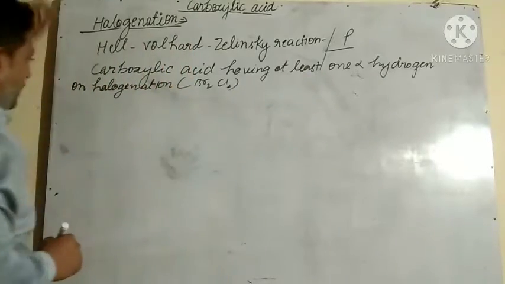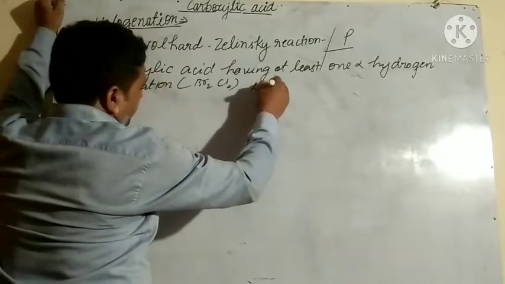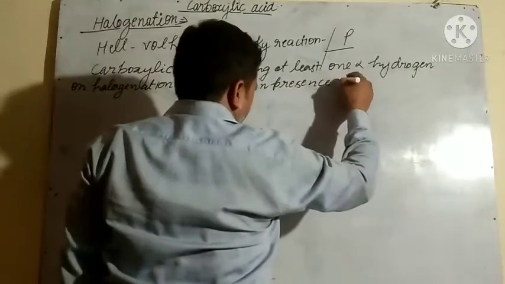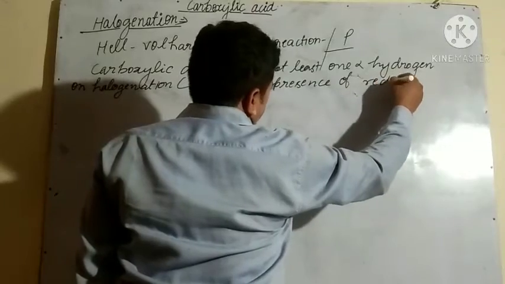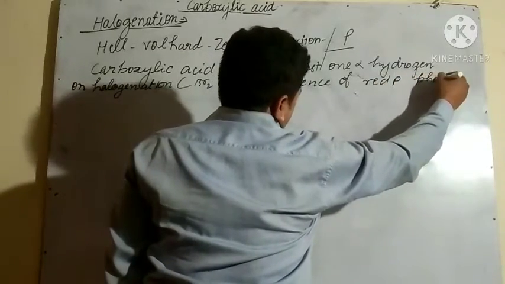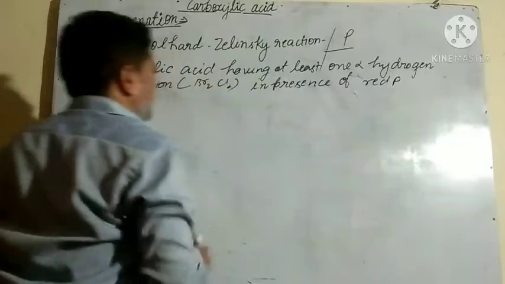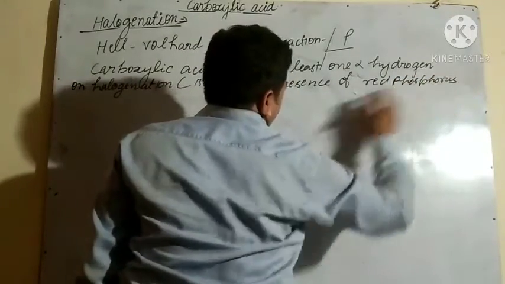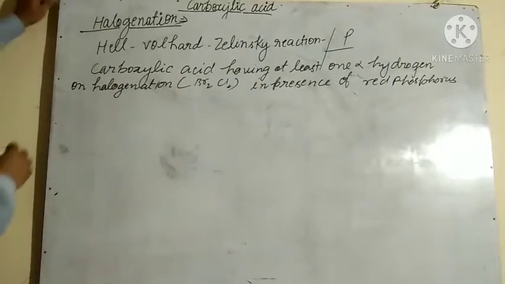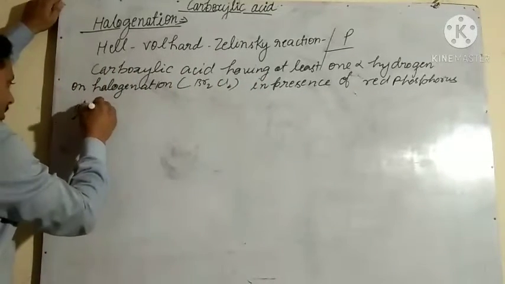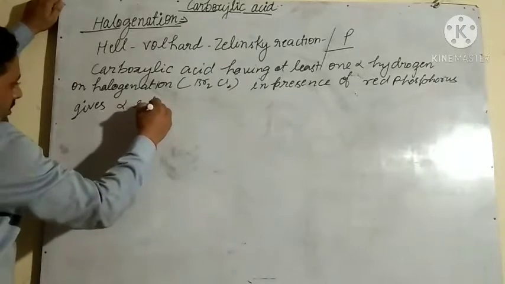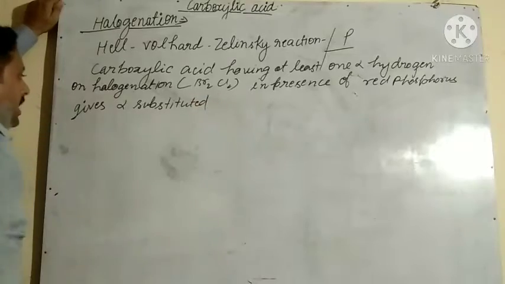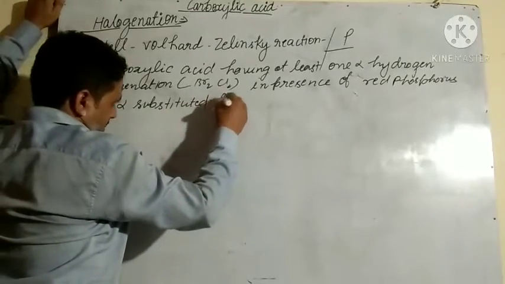Alpha hydrogen on halogenation in presence of red phosphorus gives an alpha substituted product.